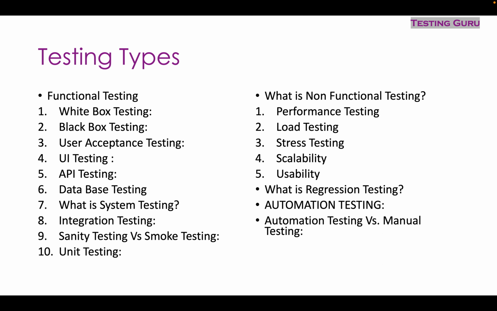This is the extension of functional testing, and nowadays regression testing is mainly executed with automation scripts, because those are the superset of test cases that we have to run on each and every build whenever there is a release.